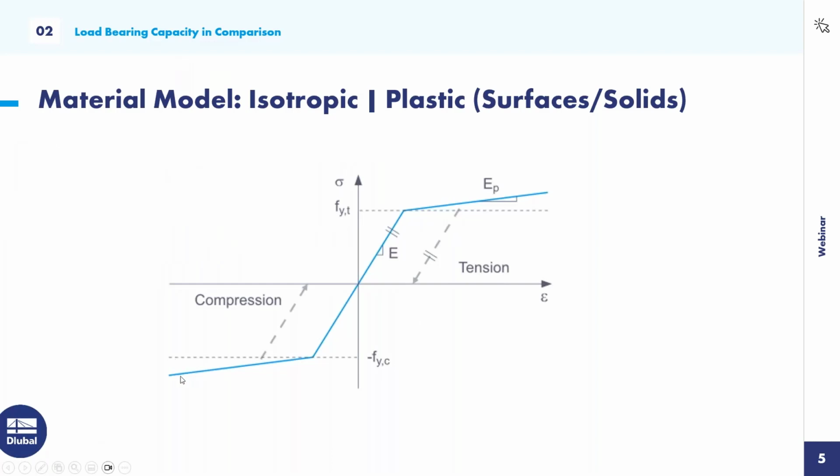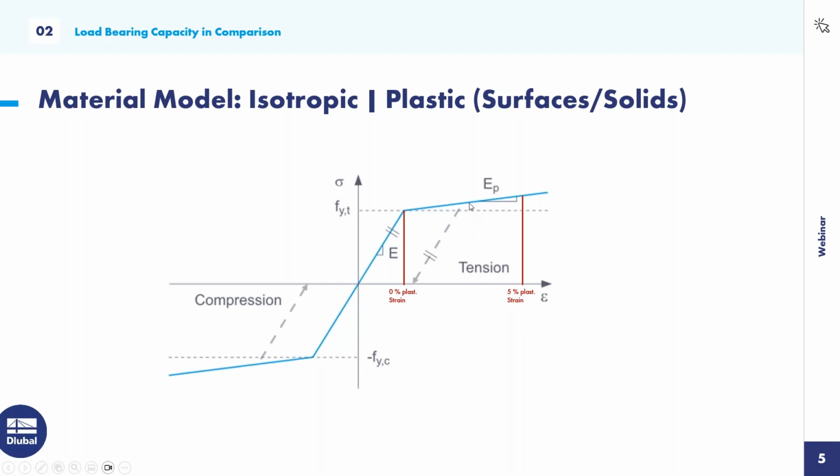Okay, that's the material model for the surfaces and solids. For example, for the end plate and the flanges, the isotropic and plastic material model. The maximum plastic strain according to the Eurocode is 5%. And we compare the plastic strain with the limit plastic strain from the Eurocode, the 5%.